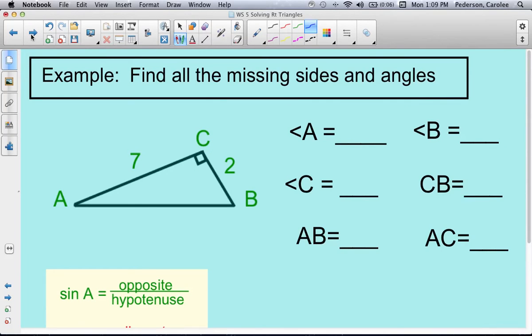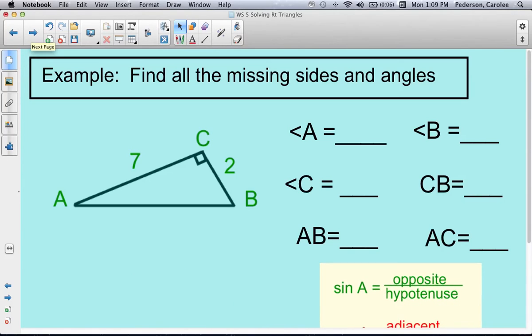Next example. Find all the missing sides and angles for this picture. This one is going to take us a little while to work on. So let's use the first thing, the Pythagorean theorem, to find this side length AB.